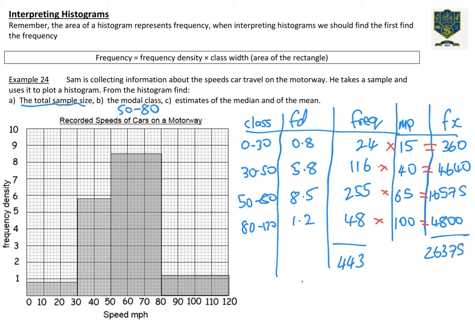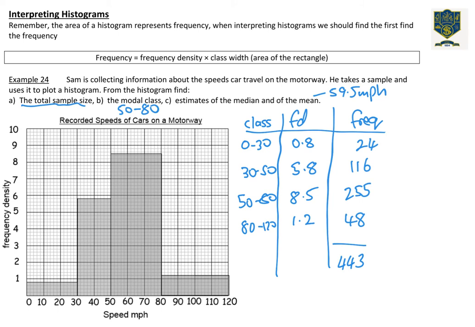So an estimate of the mean, which is sigma fx over sigma f, is going to be 26,375 divided by 443, which gives us 59.5. So the mean estimate of the speed is 59.5 miles per hour.